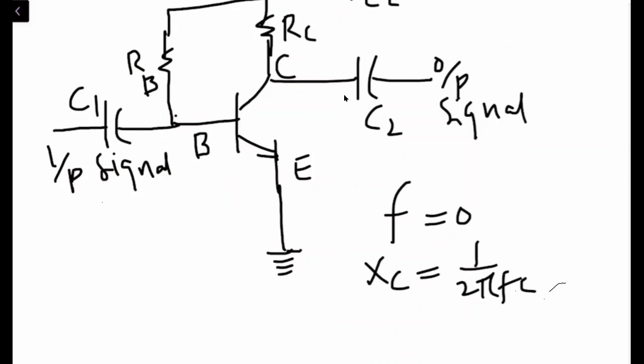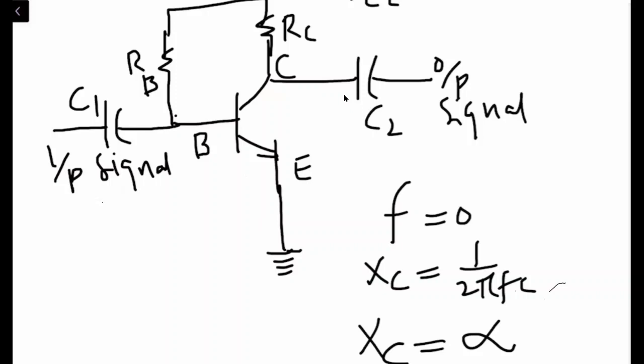Now when the frequency is 0, XC will be equal to infinite, right? Infinite means this will be behaving as an open switch, right?